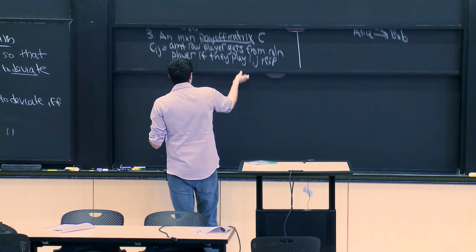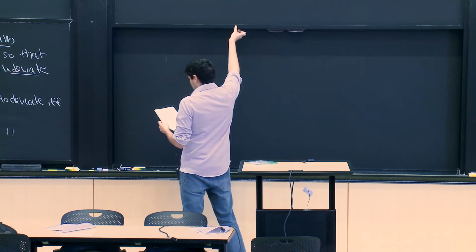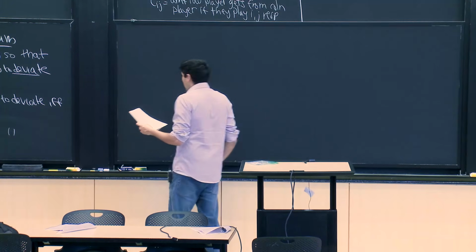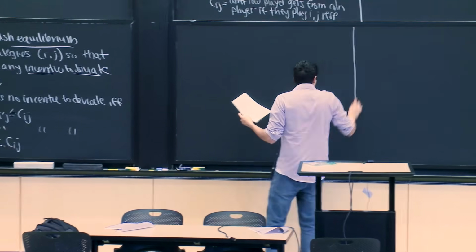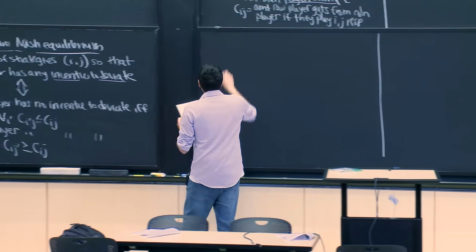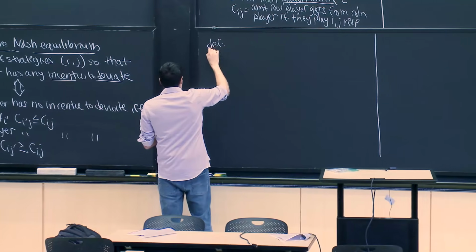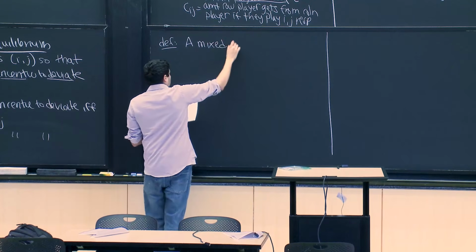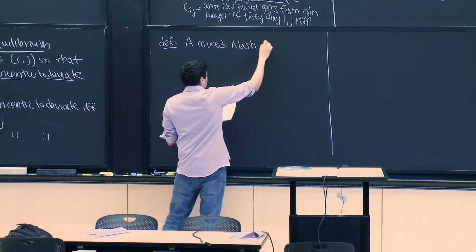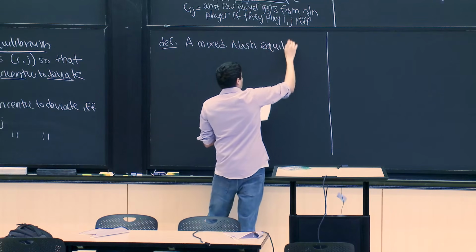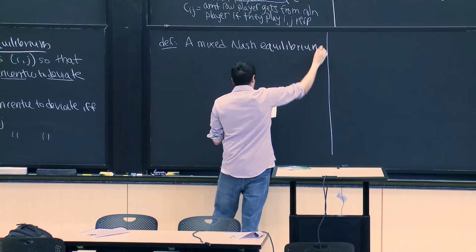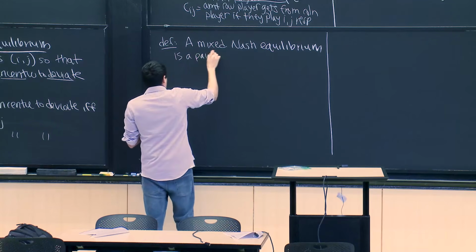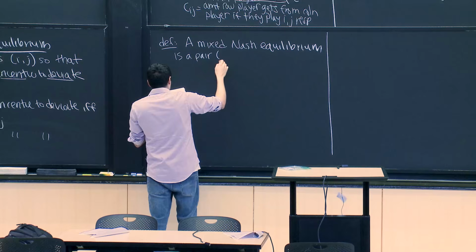So this takes us to the next notion, which will be critical for us: a finer grained notion of an equilibrium, called a mixed Nash equilibrium. Basically, it's one which allows randomization. So let me define it. This will be the key thing that we talk about today. A mixed Nash equilibrium is a pair, but now this pair is going to mean something different.